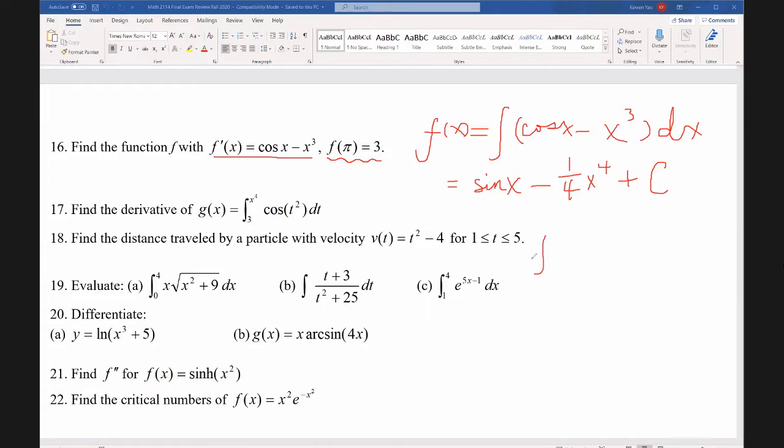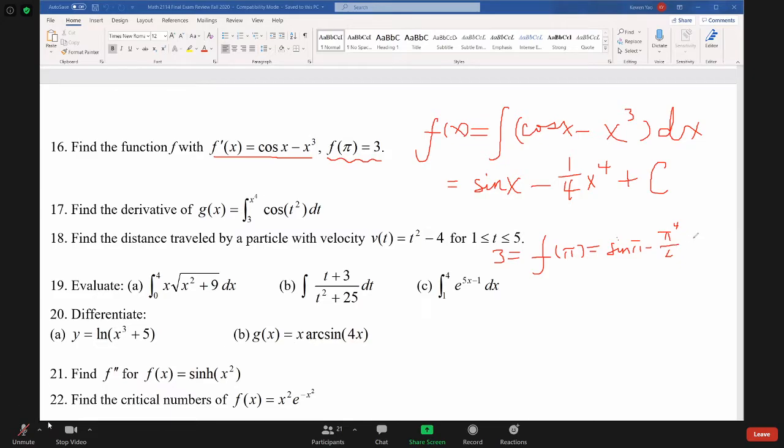So f of pi is equal to 3, by the condition which is given. Now, what's f of pi? You replace x by pi, is equal to sin pi minus pi to the fourth over 4 plus c.